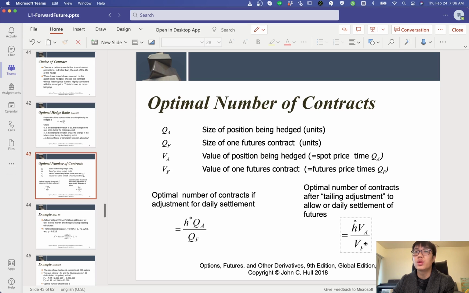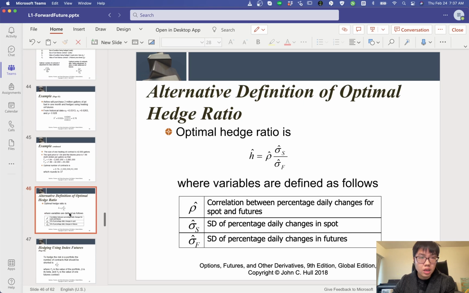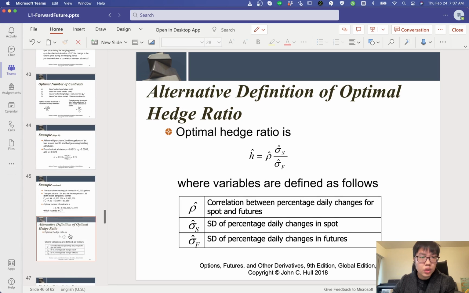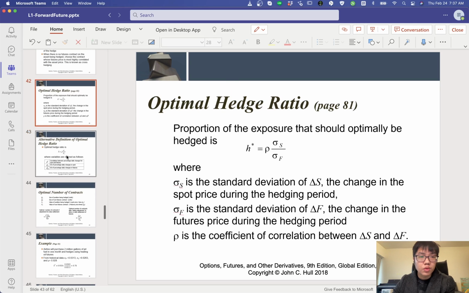So you can take this ratio. So H hat you use for value, and H star you use for units, the number, right? So where is the H hat, I should move to here. Okay, so it's totally the same, right?